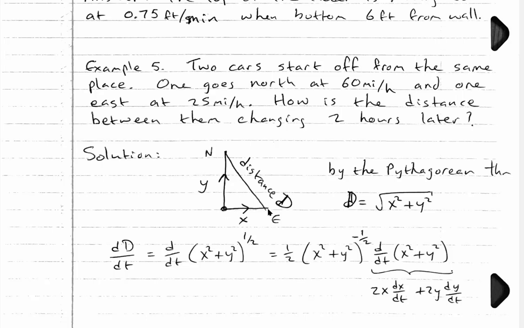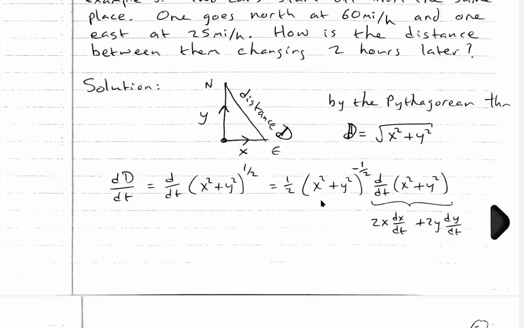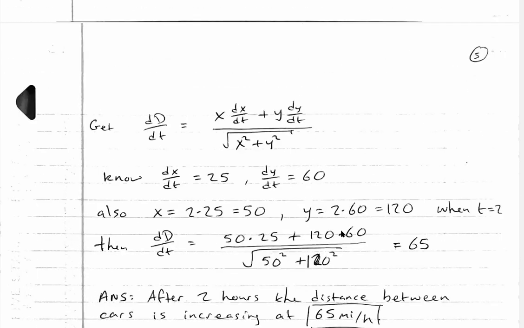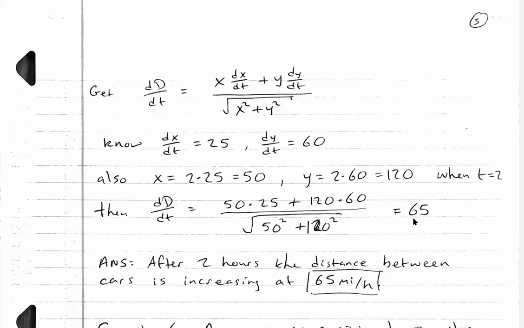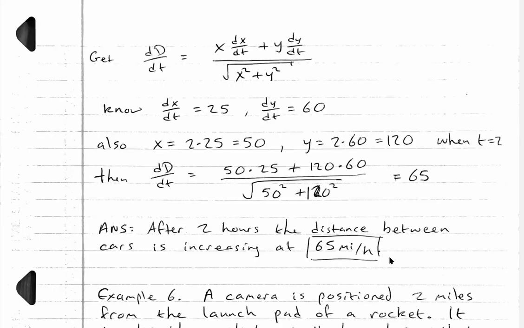So we're expecting something less than 85, and more than 60. So this number is plausible. And the units: the distance units are miles, time is in hours, so 65 miles per hour.